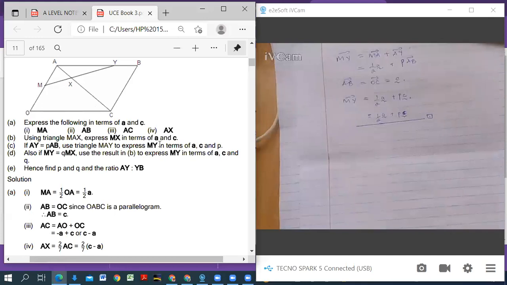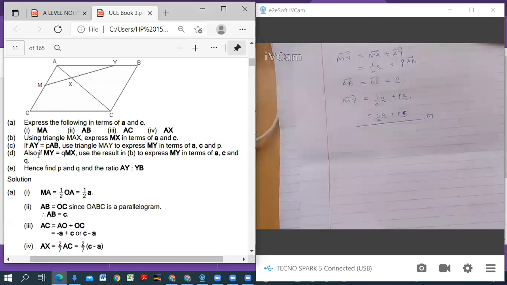So we have to express MY in terms of A, C, and P. How to get P is by using AY. Once you use AY, our answer shall be having P in it.